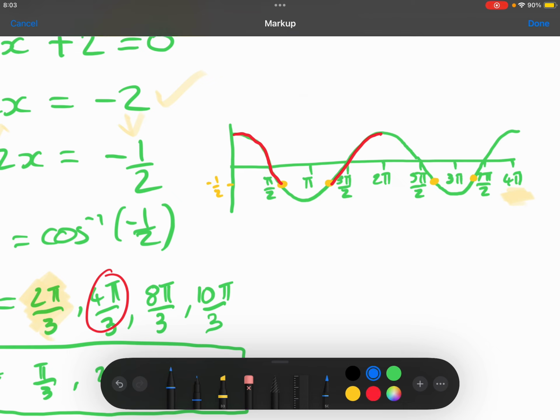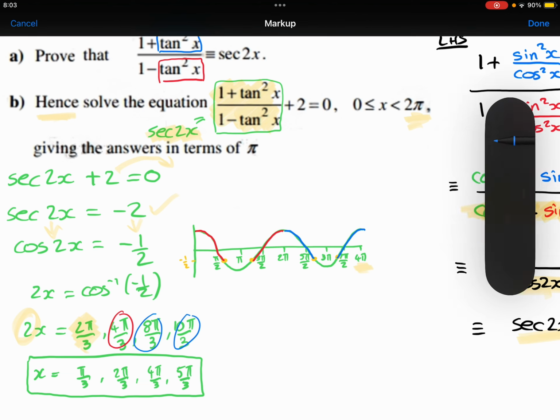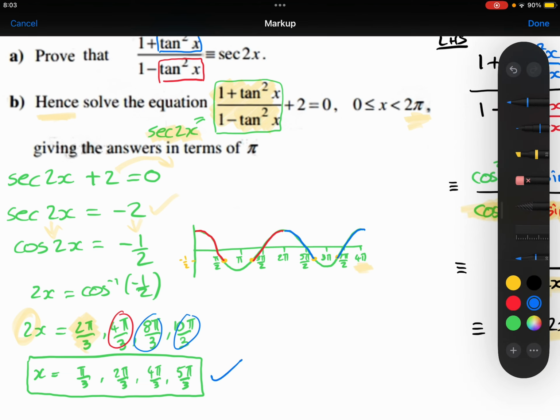The next solution is going to be 2 pi plus 2 pi over 3, which is 8 pi over 3. And my final solution is going to be 4 pi minus 2 pi over 3, which is 10 pi over 3. Then I'm just going to divide everything through by 2, and that gives me my final solution.